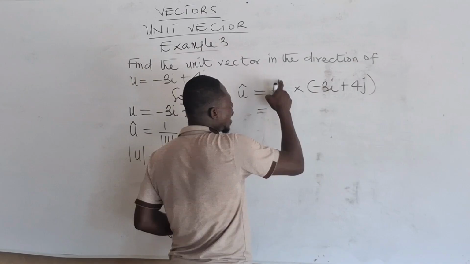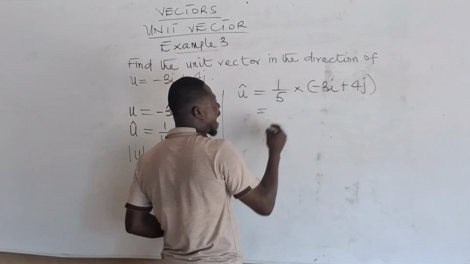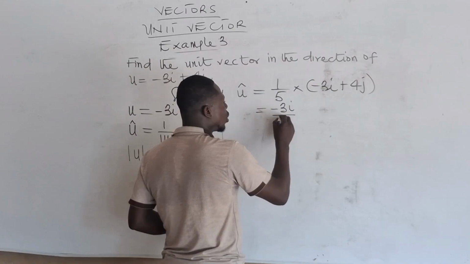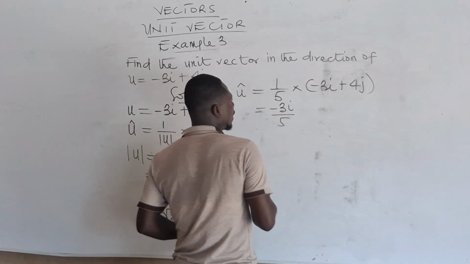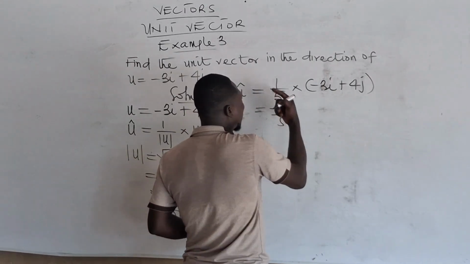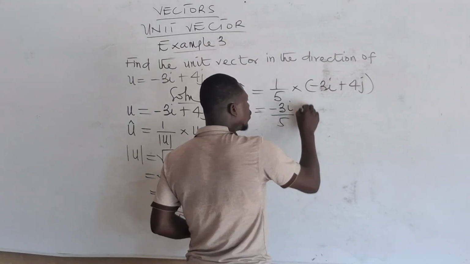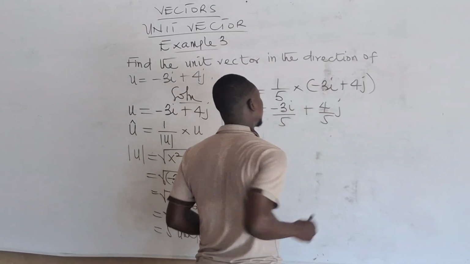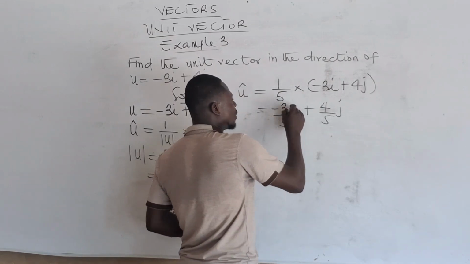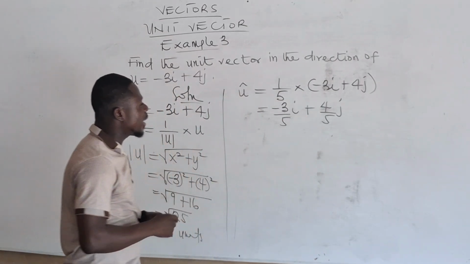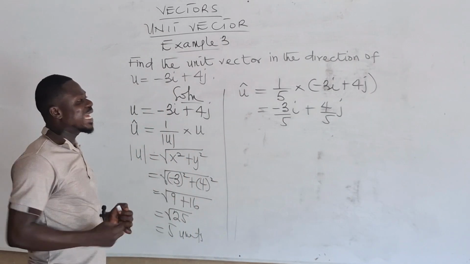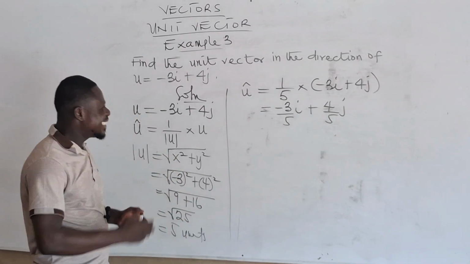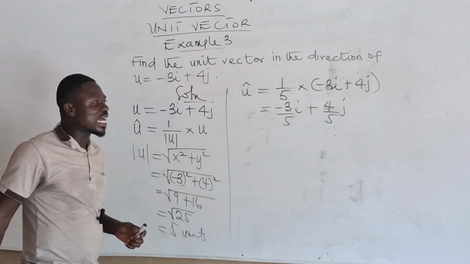So you are going to have 1 on 5 by negative 3i, and this will be negative 3i on 5. And then multiplying 1 on 5 by 4j will be 4 on 5j. So we have minus 3 on 5i plus 4 on 5j. This will be the unit vector of the vector u.